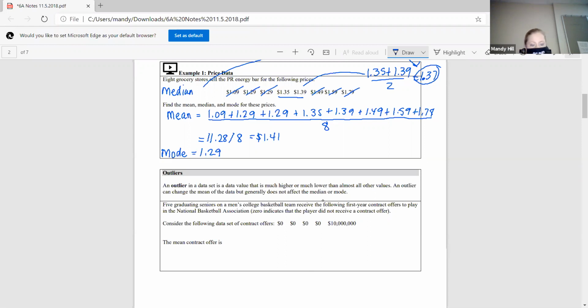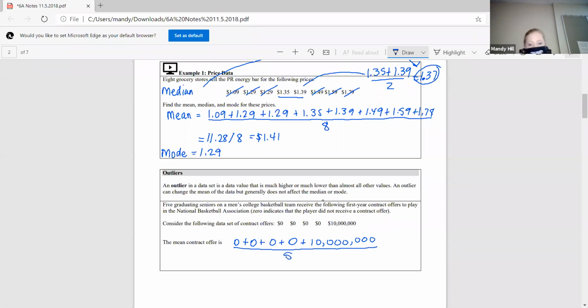So for the mean of this, it looks like we got 4 of the players that didn't get an offer, so they're getting $0. But then we got 1 that would definitely be an outlier that's getting $10 million. That data value is way far from everybody else's.